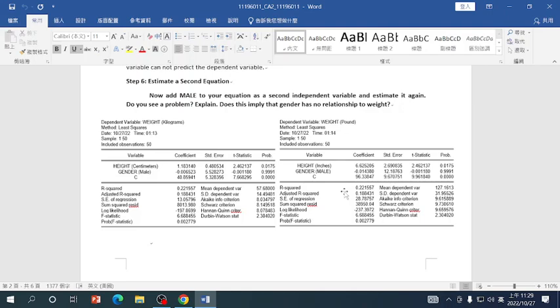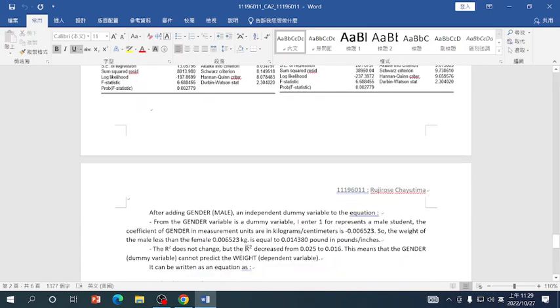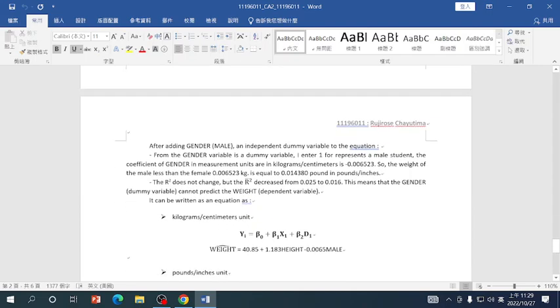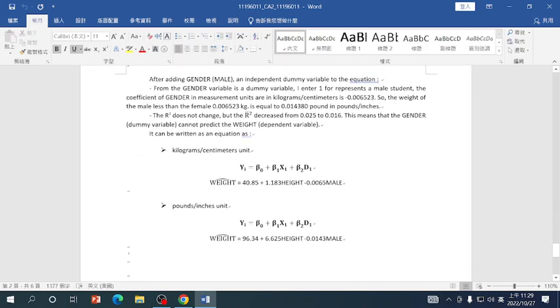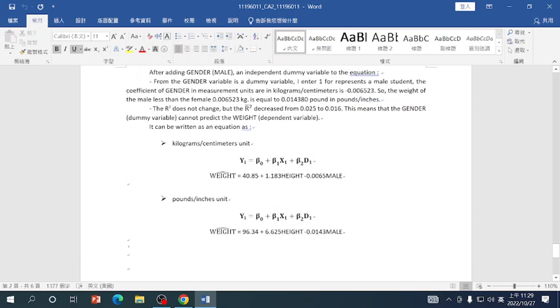Okay, is that clear? Yeah, okay. Then anything else? We enter the coefficient and the mutual, just the equations. Okay, anything else? All right, thank you very much.